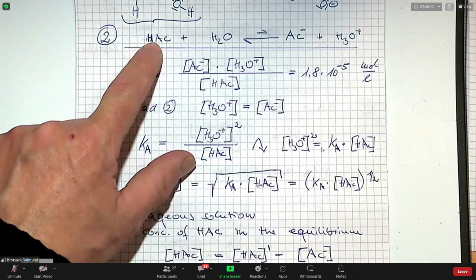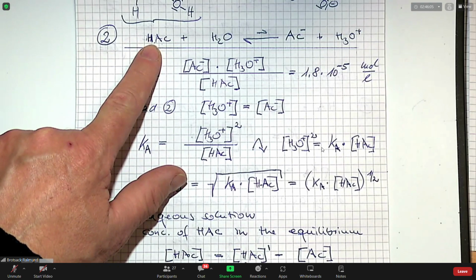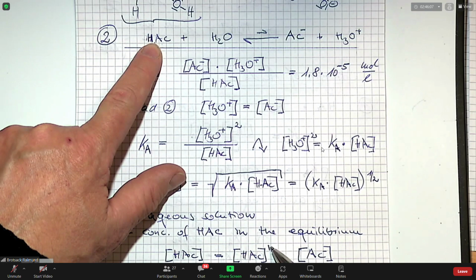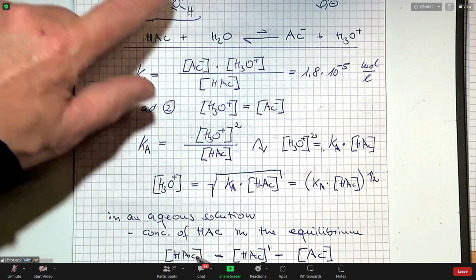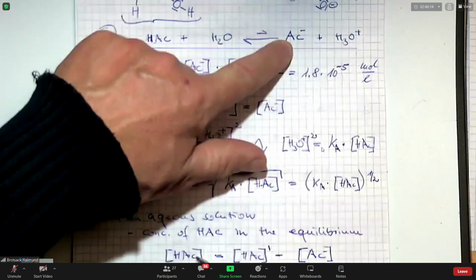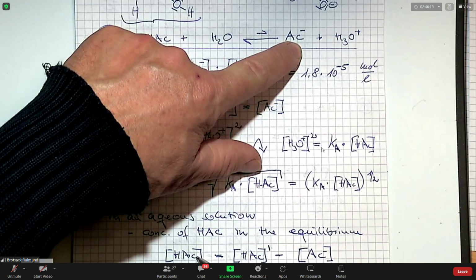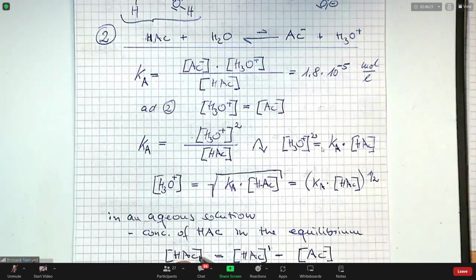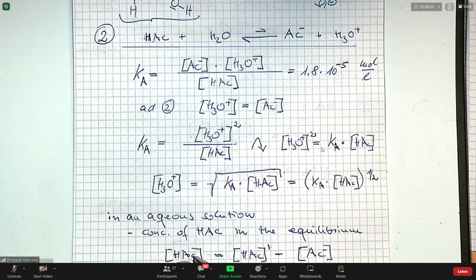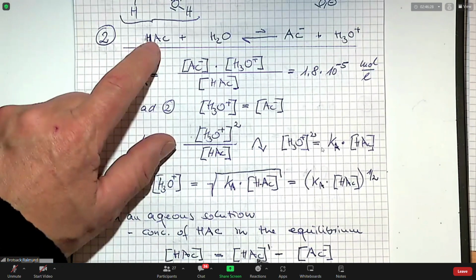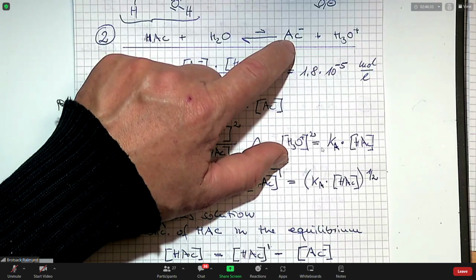This is the concentration initially we had, HAc apostrophe. And now we are interested in the concentration after the reaction. Partially, Ac minus is built. So the current concentration of HAc is the initial one minus the concentration of the Ac minus, which is already built. It's clear?